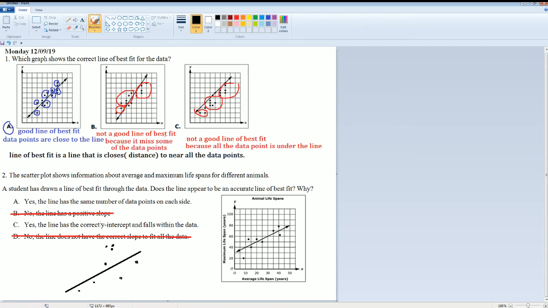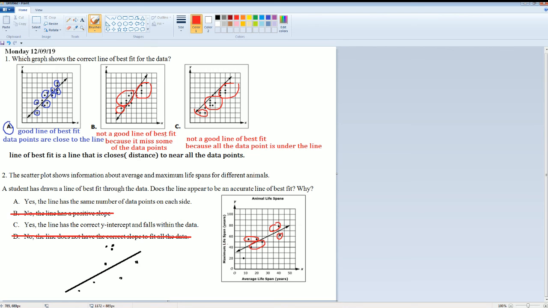It looks like it's C. Yes, the line has the correct y-intercept and falls within the data. Yes, it falls within the data, and it is a good distance away from each one. Notice that you have a few data points here on top, like the one on the bottom. Likewise, there are 2 right here, and they should have the same residual as the top ones.